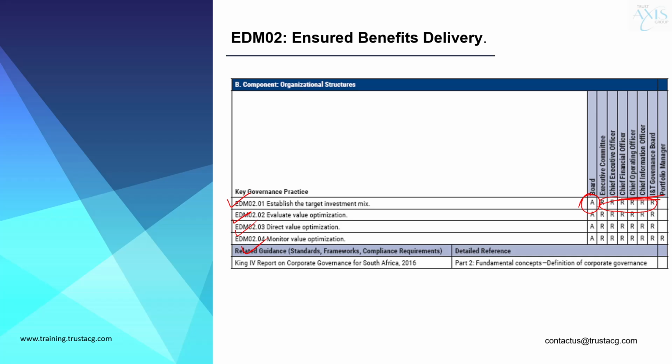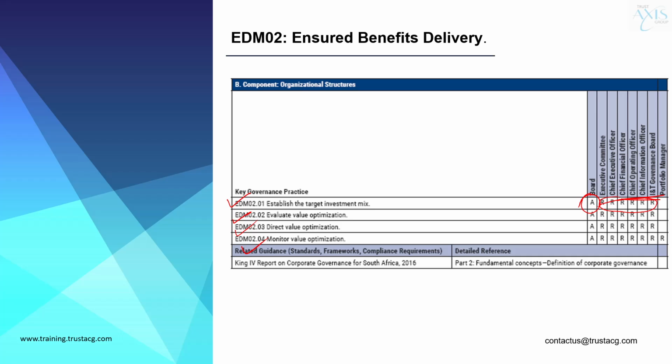Here again, the board is accountable, and your executive committees, your executive leadership, financial leadership, operating leadership, information leadership, IT governance board, and even your different portfolio managers like your infrastructure portfolio head or application portfolio head. They all need to play a role or are responsible for tracking the outcomes, reporting the deviations, and recommending corrective actions where benefits actually fall short.